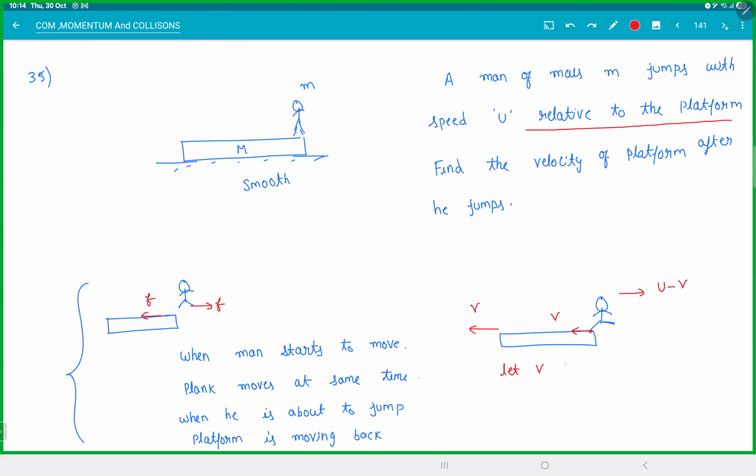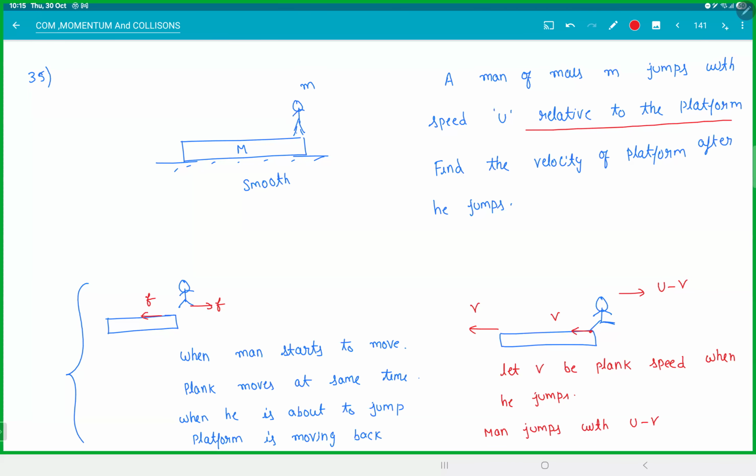So let v be the plank speed when he jumps. So the man's actual speed is u minus v. I hope you're getting it.